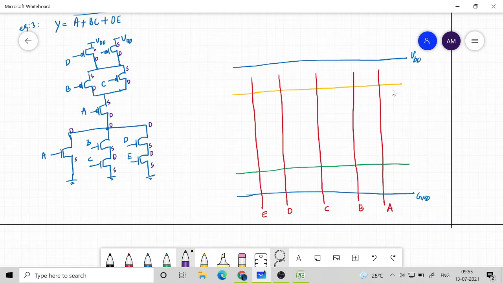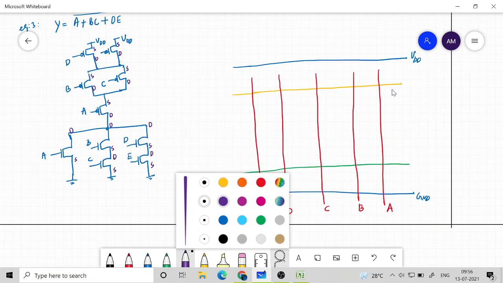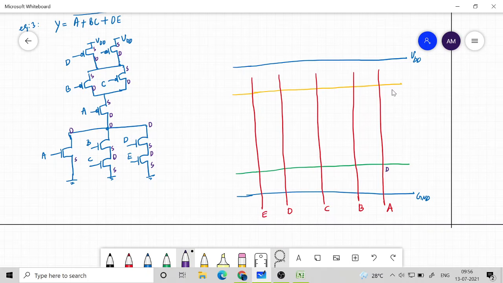But as I said, we may not succeed, but let's try. This has to be drain. If it is drain, this has to be source. And then for B, here is B. So a problem happened here itself.